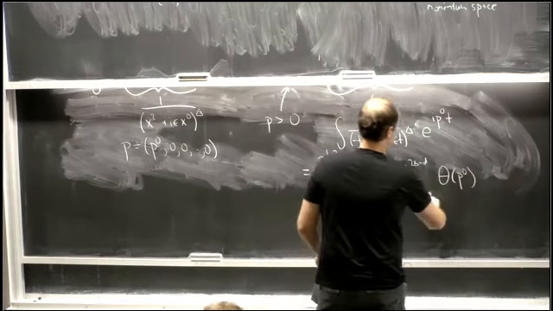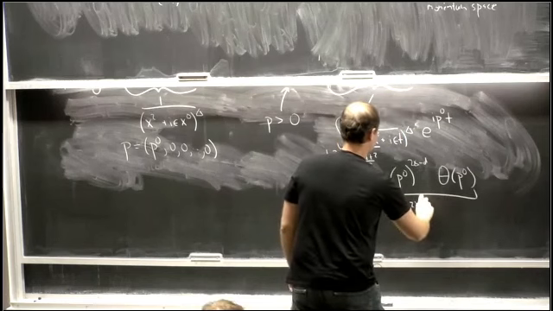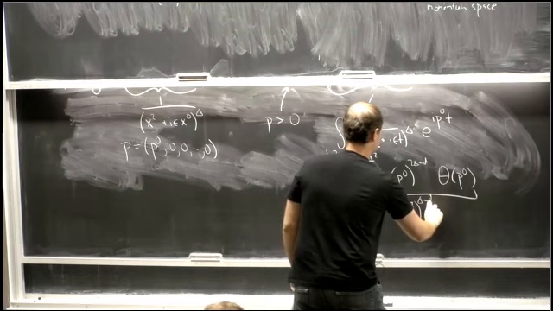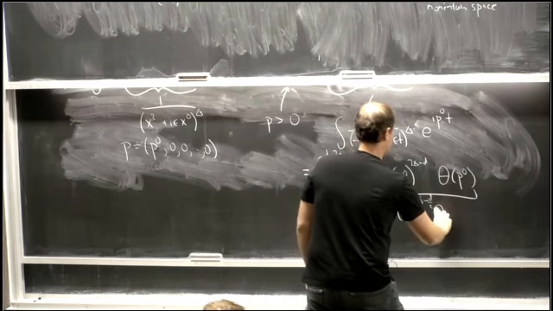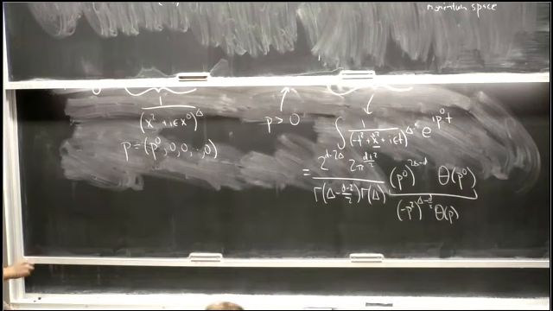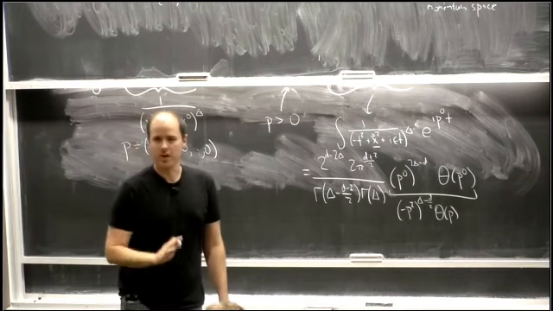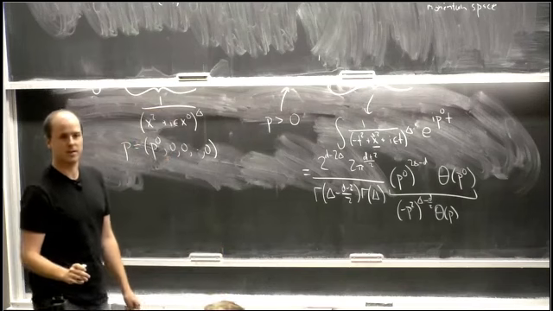This part we can immediately covariantize, so this is the same thing as (minus p squared) to the delta minus d over 2 times theta of p. That's the answer. I encourage you as an exercise to do the computation for yourself and convince yourself that this is the correct answer.